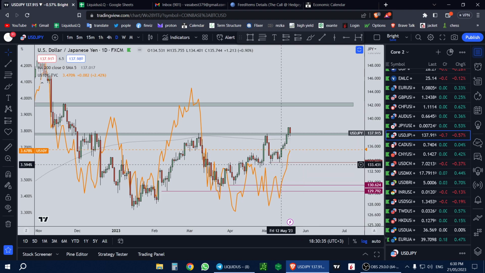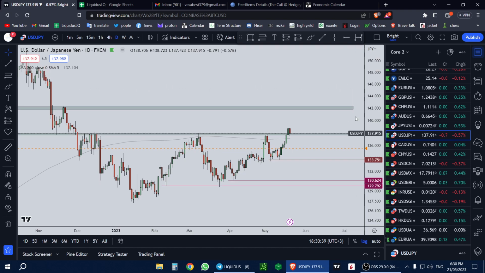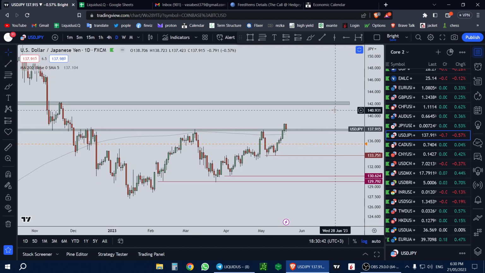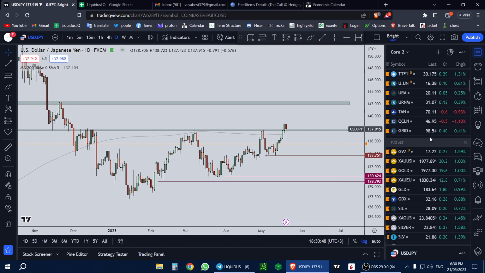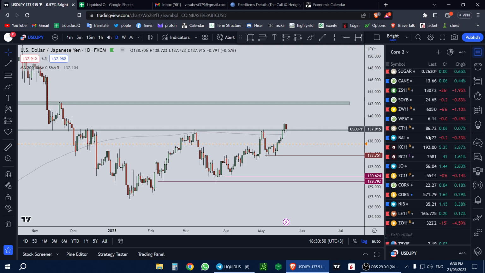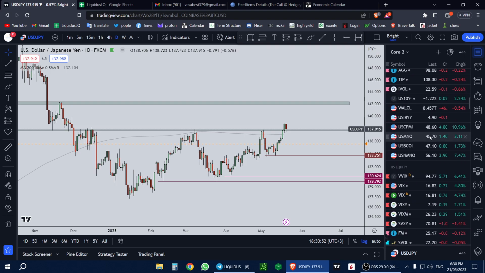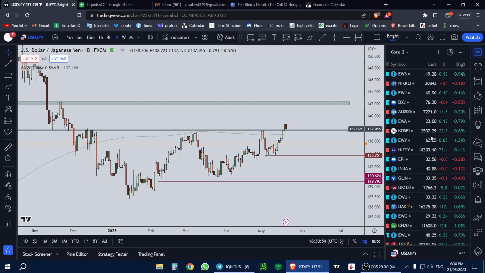Rates repricing higher, JPY losing its value against the dollar. But the reality is that they constantly provide liquidity into the markets and buy an endless amount of bonds.